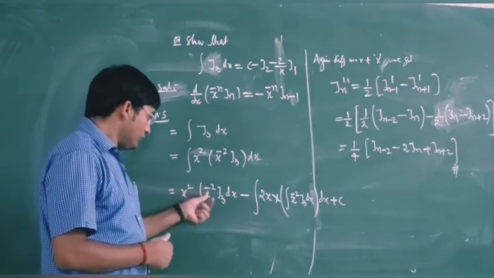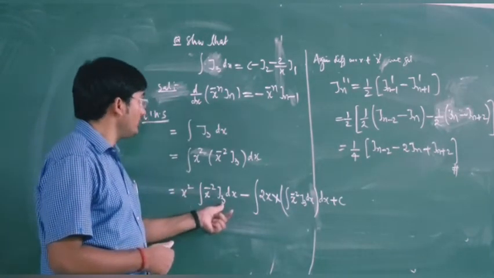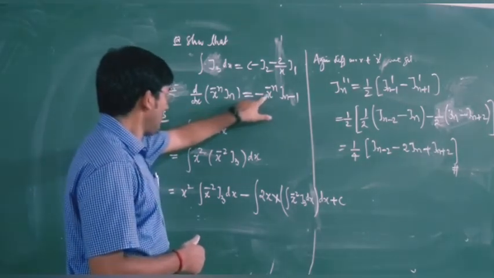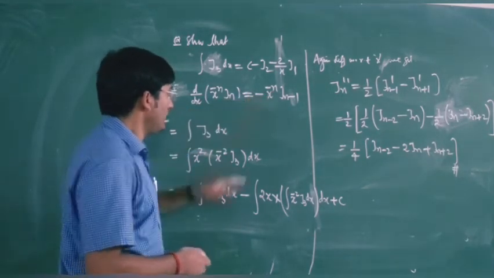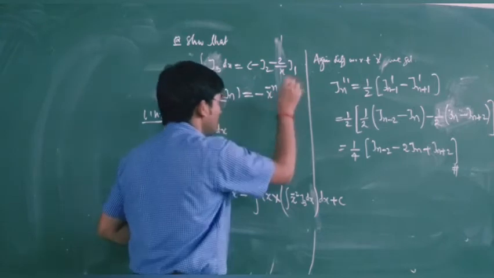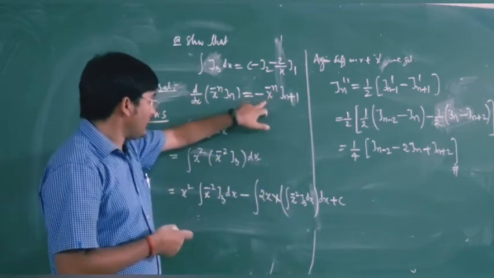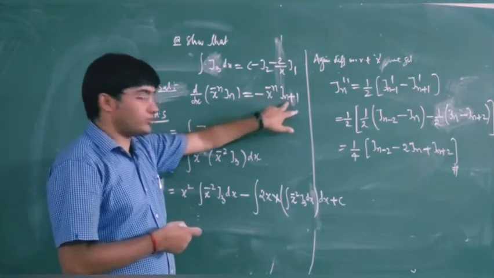Now if you put n equal to 2 here, then the right hand side will be x power minus 2 into J3.